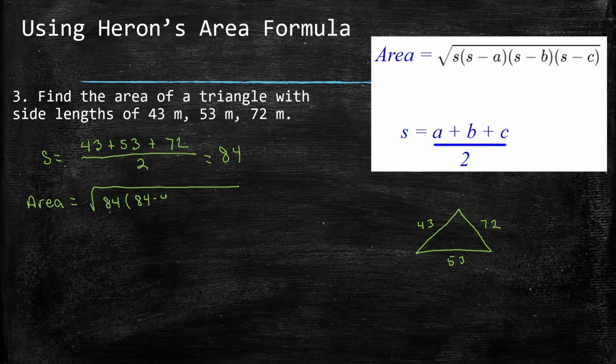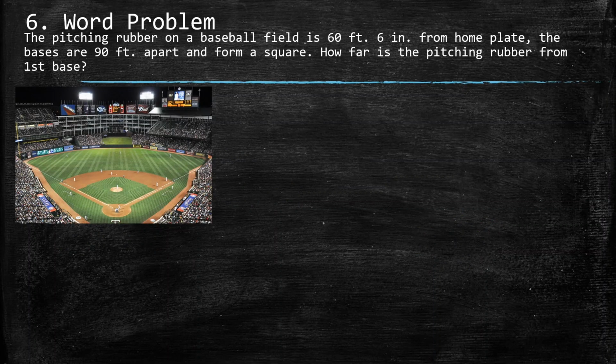So minus 43, 84 minus 53, 84 minus 72. So now I've got that. So my area now equals, and again, it's just plugging into the calculator and coming out, and I get an area of 1,131 meters squared, yeah, squared, because these are all meters.